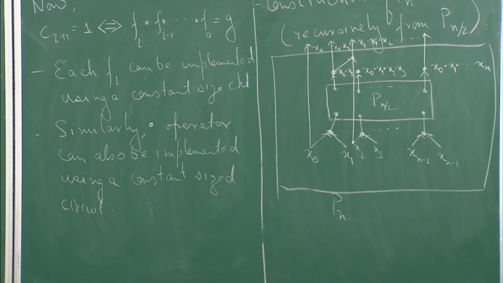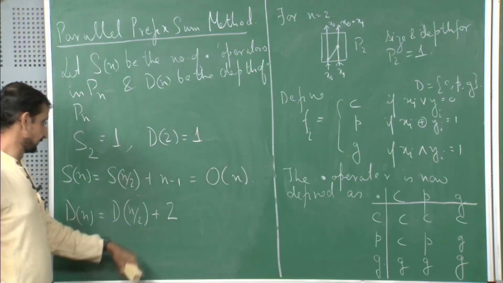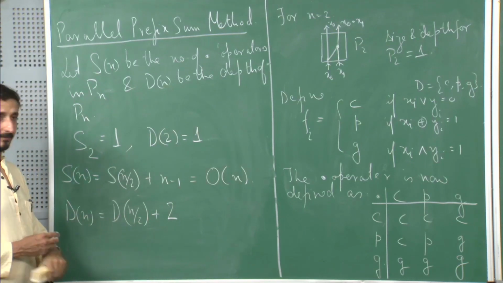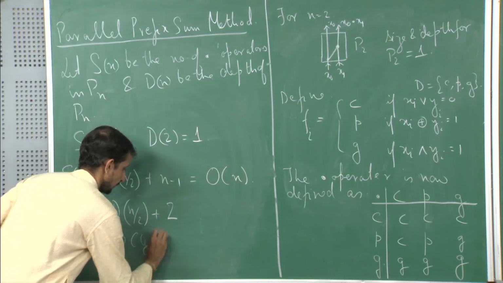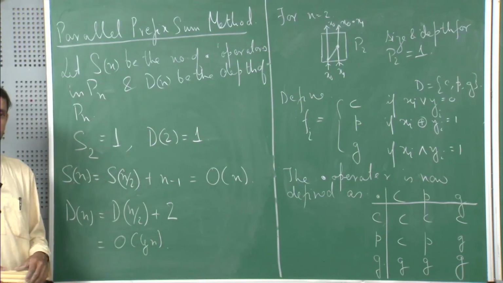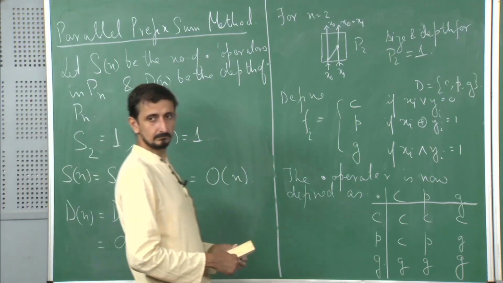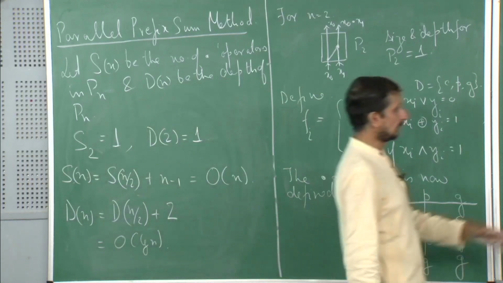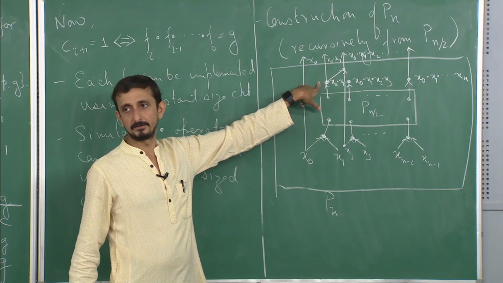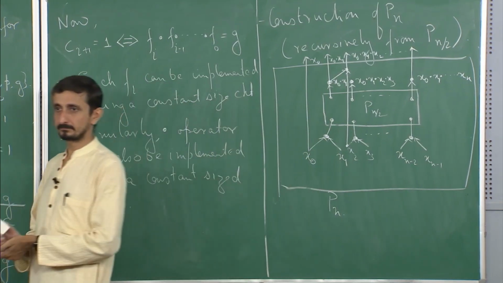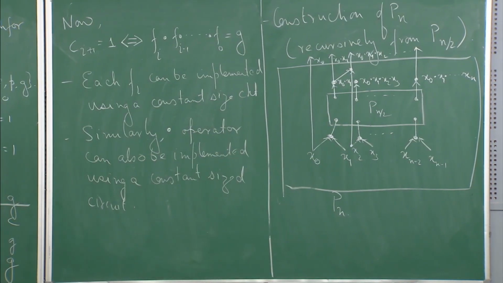So, plus 2. If you solve this, this will be about 2 log n, so this is order log n for us.